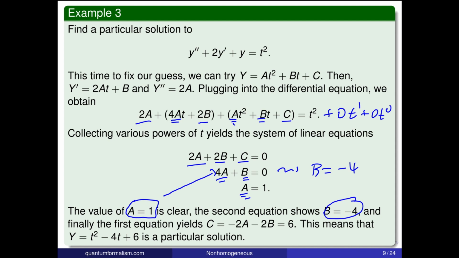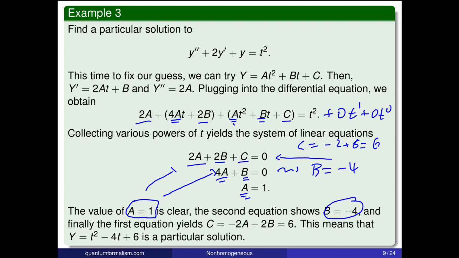And now plug both of those into the first equation, and we'll get c is minus 2 plus 8. So that's positive 6.